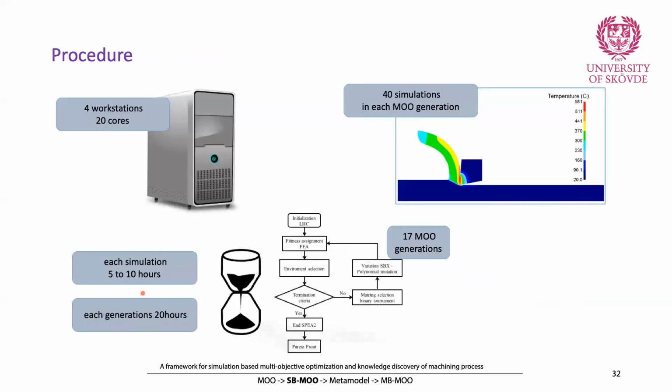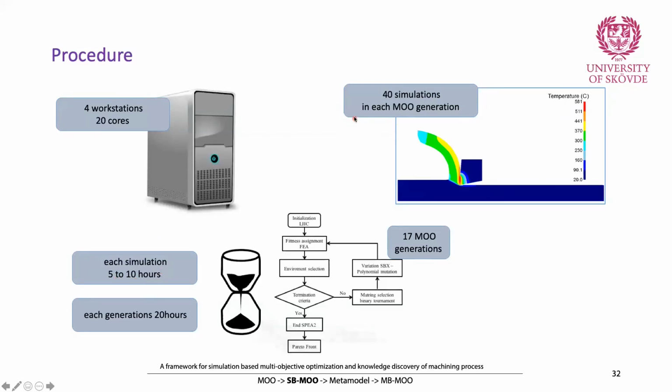I had 4 different workstations and in total 20 cores, so I could run 20 simulations simultaneously. For the optimization algorithm, I had 40 initial populations, so 40 simulations needed to be run, and each simulation took around 5 to 10 hours.